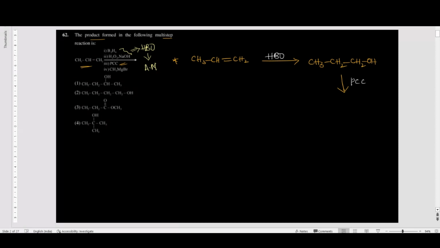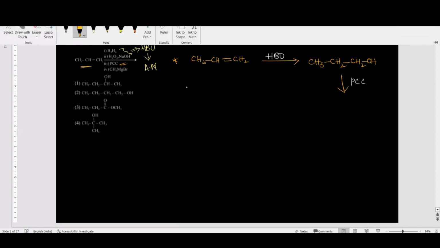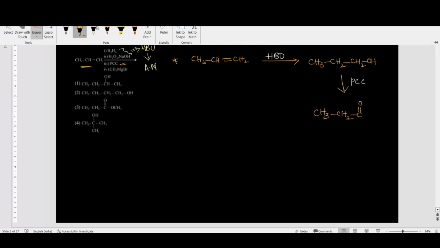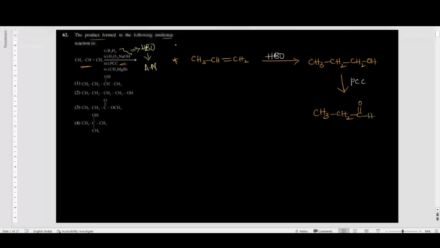So now let's write the product. Here it will convert this primary alcohol to aldehyde, CH3 CH2 C double bond O H. This we will get.